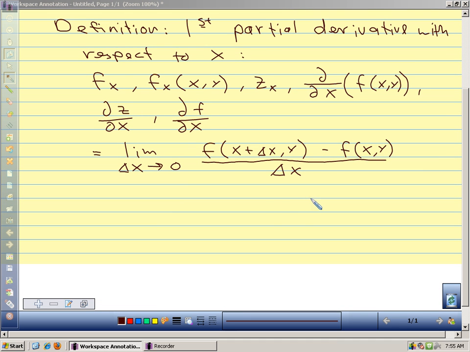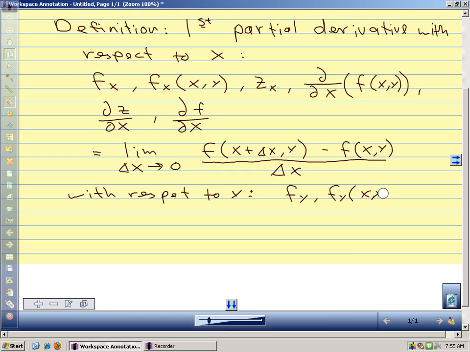And with respect to y, it's the same thing. When we take our partial derivative with respect to y, our notation is the same. It's f sub y of x, y, all the same, we just use our y rather than x. And if we have more variables, we have more partials.